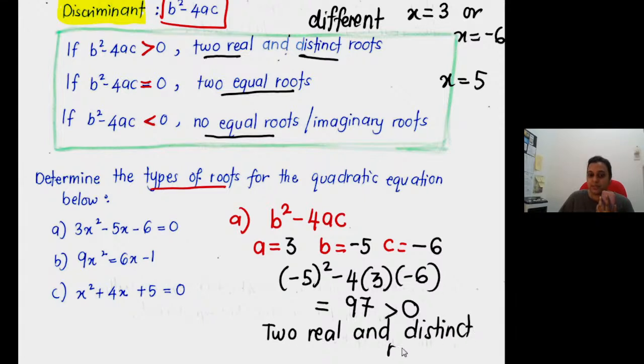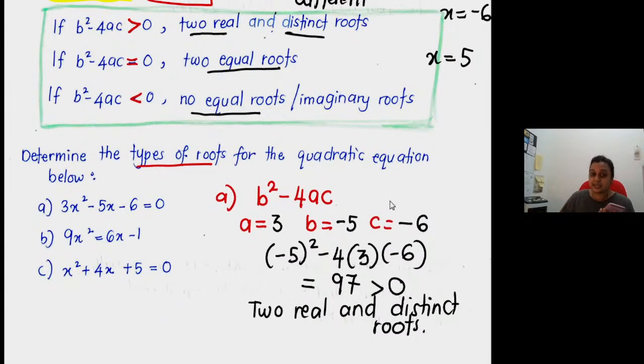If you want to make sure this is the correct answer, take your calculator, key in the values a, b, c, and see how many roots you get. My a is 3, my b is -5, my c is -6. Can you see? You will get 2.474, and another one you get -0 point something. So you're getting two different roots. That's how you know.